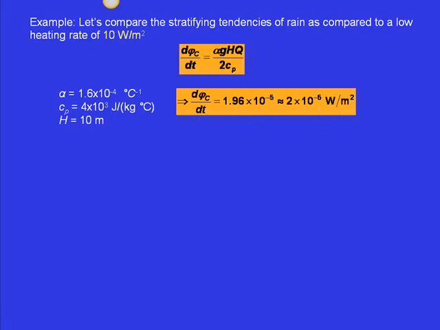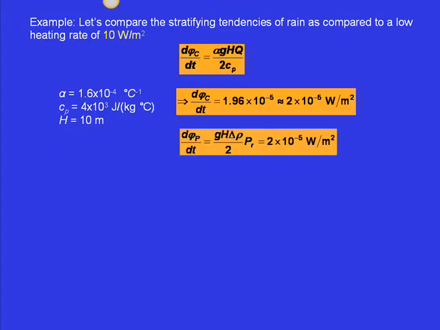So now how would you determine how much rain you need to equate to that stratifying power? Right, so you use the expression for the stratifying power from rain, which is this one, remember? Delta rho is the density difference between rainwater and ocean water.